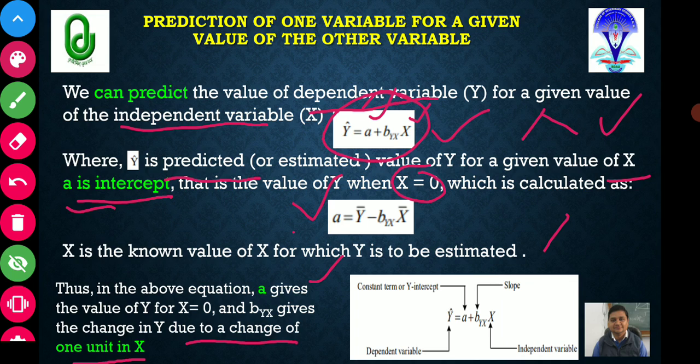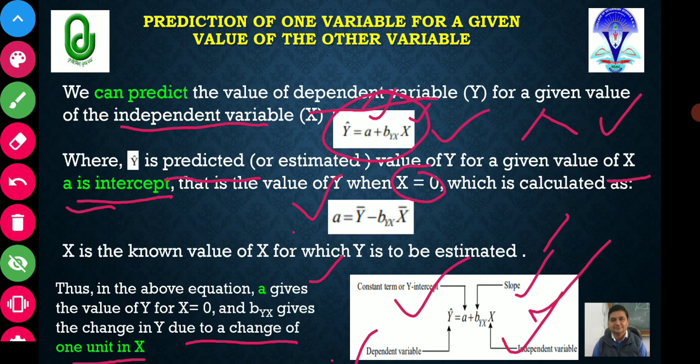So this equation can be presented in this form: y hat is the dependent variable, a is the intercept. B, in a straight line equation, was m. Here the m is converted into b, that is the regression coefficient. It represents the slope, and x is the independent variable.